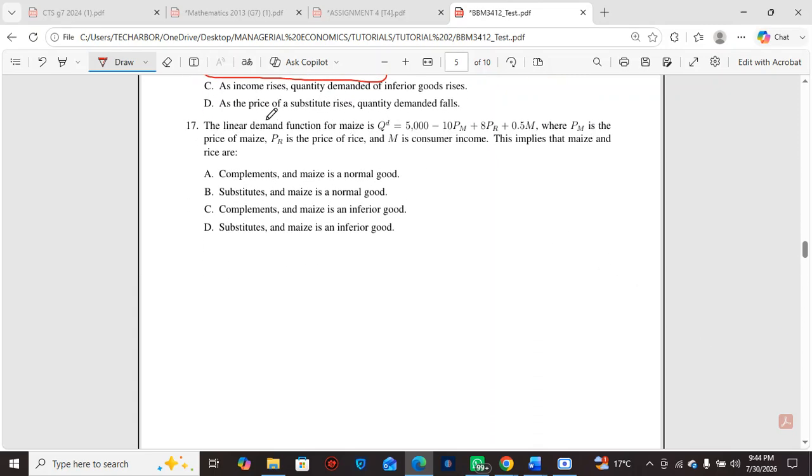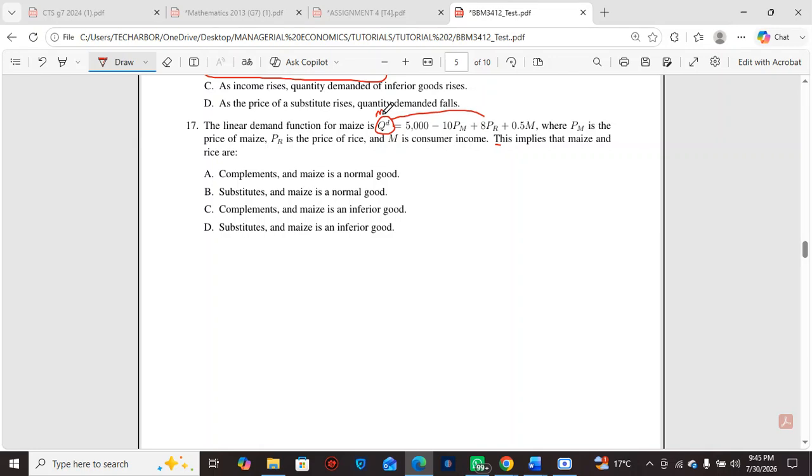Number 17. The linear demand function for QD is 5,000 minus 10 PM plus 8 PR plus 0.5 M, where PM is the price of maize, PR is the price of rice, and M is consumer income. This implies that maize and rice are... First, we look at the relationship between quantity demanded and the price of rice, because this demand function is for maize.